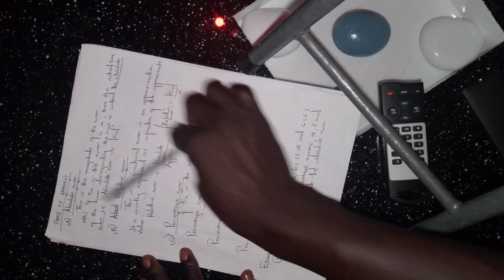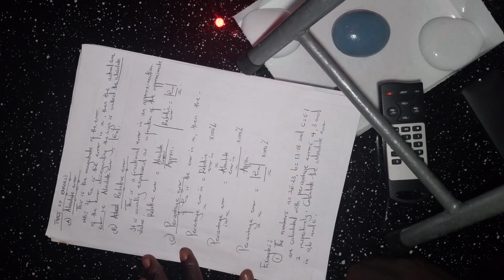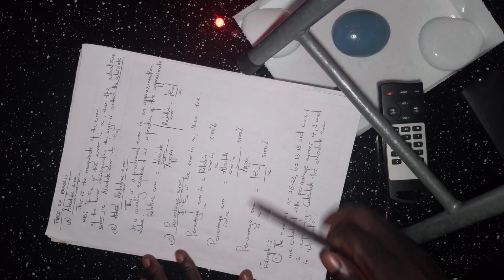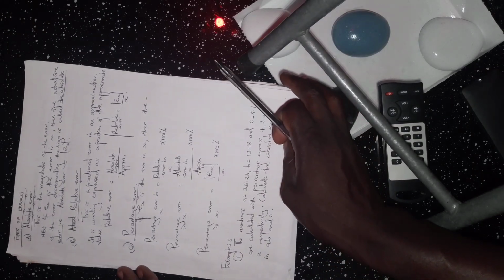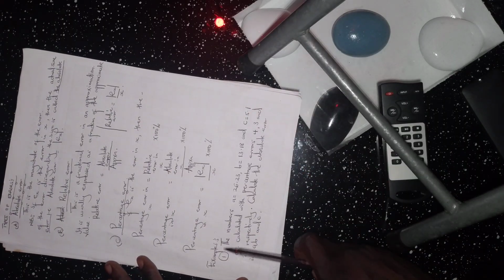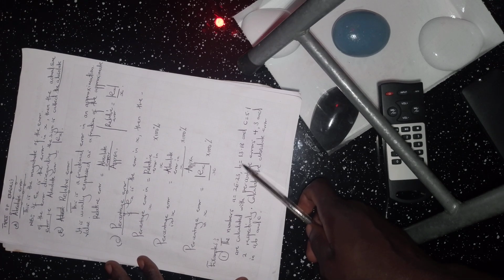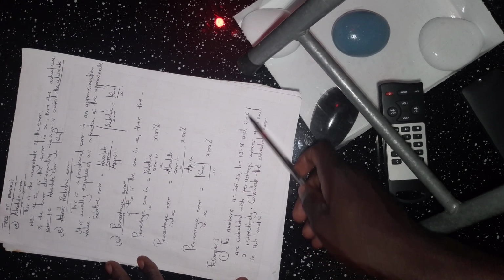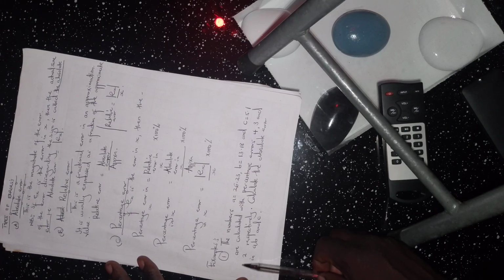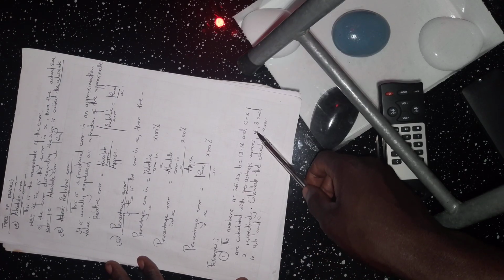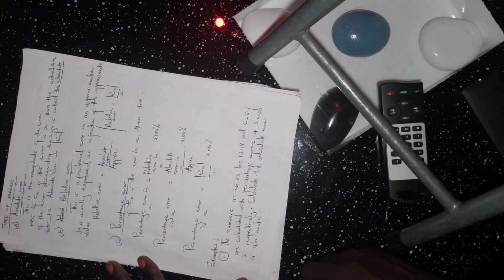So we are going to use this information to try and work out question 1. Question 1 says that the numbers A, which is 26.23, B, which is 13.18, and C, which is 5.1, are calculated with percentage errors 4, 3, and 2 respectively.